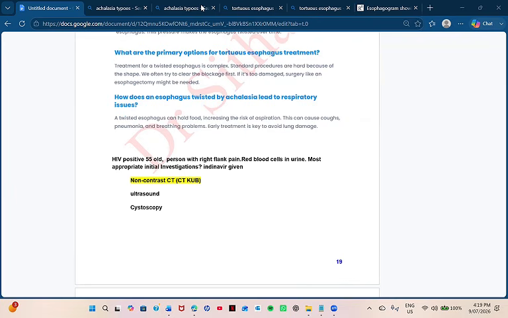CT is the best for the initial investigation. If it is painless, check if CT IVP is present. If it is not, you can still go with CT KUB, because CT is the best option as the initial investigation, not the ultrasound.